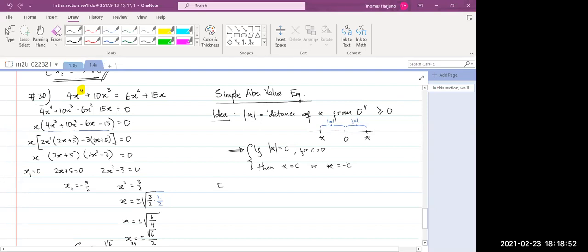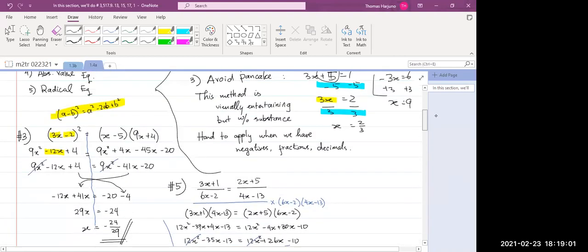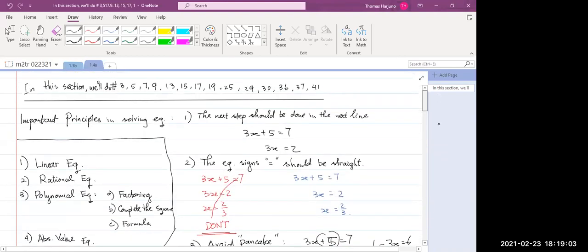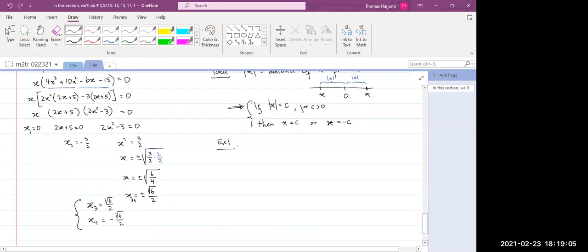A simple example. Number 25. So absolute of 3x minus 2, plus 3, equals 7. Isolate the absolute value first. Absolute of 3x minus 2 equals 4.